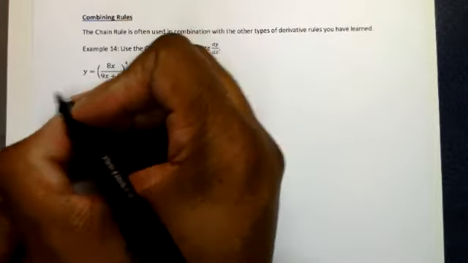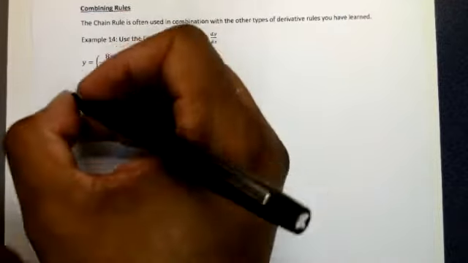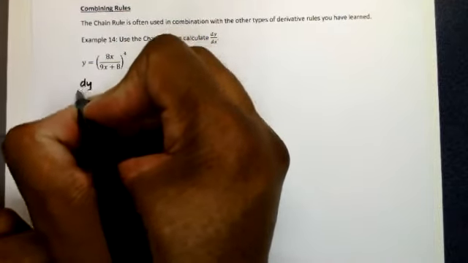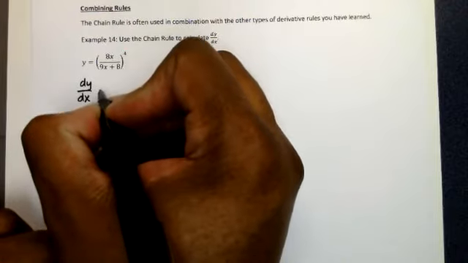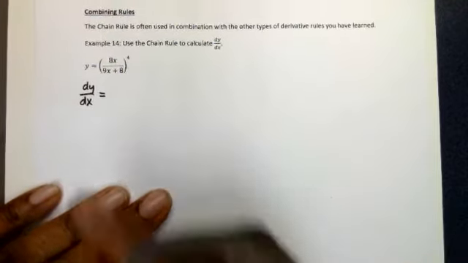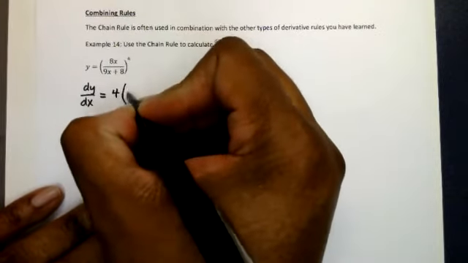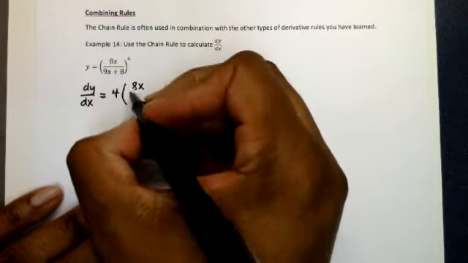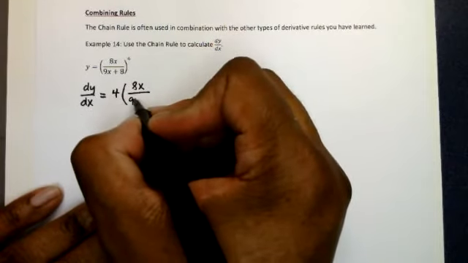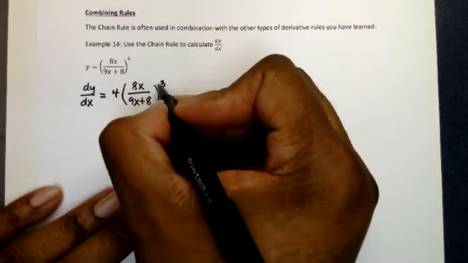So here's what we have in this case. Apply the chain rule, we bring the exponent in front, which is the 4, copy over what's in the parentheses, the 8x divided by 9x plus 8, raised to the 1 less power.